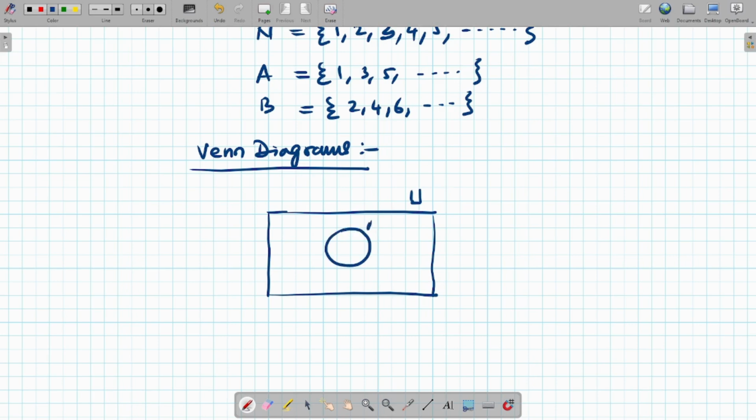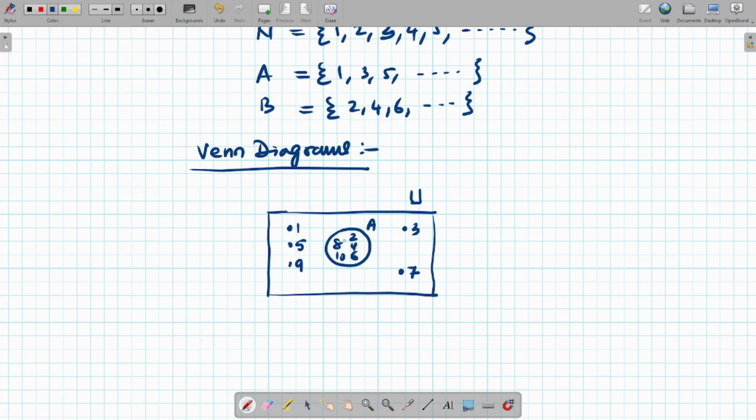This is A, and in this 2, 4, 6, 8 and 10. These are the numbers. And then we can say that 1, 5, 9, 3, 7.